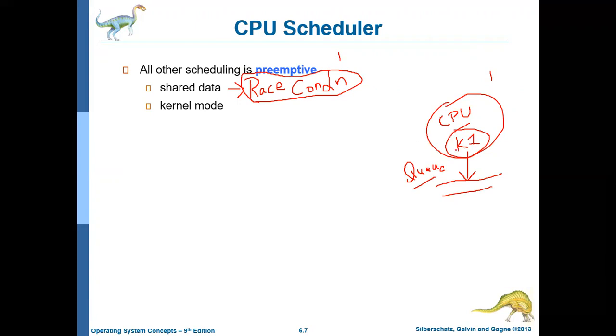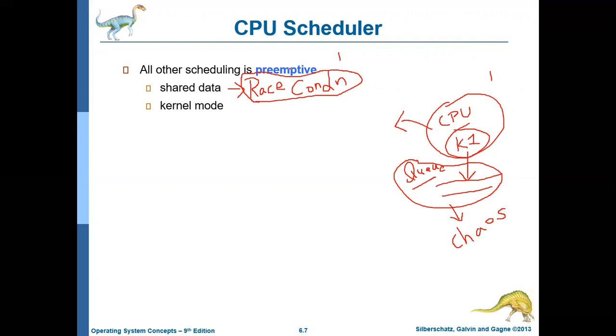That is, this particular process was removed from the CPU, and the CPU is allocated to some other process. Now again, this crucial kernel task is not completed, and this may lead to some chaos. So this problem also may occur because of preemptive scheduling.